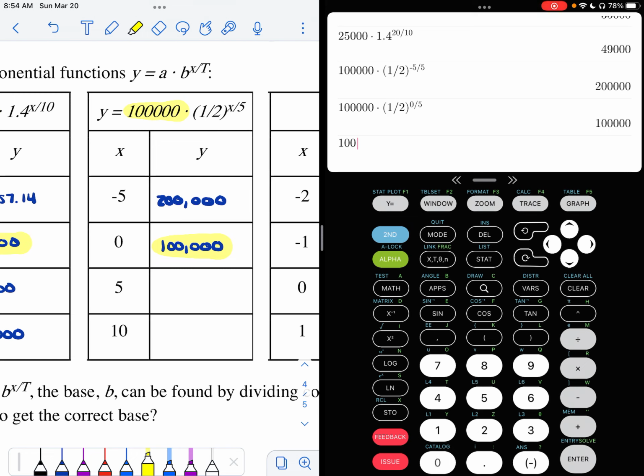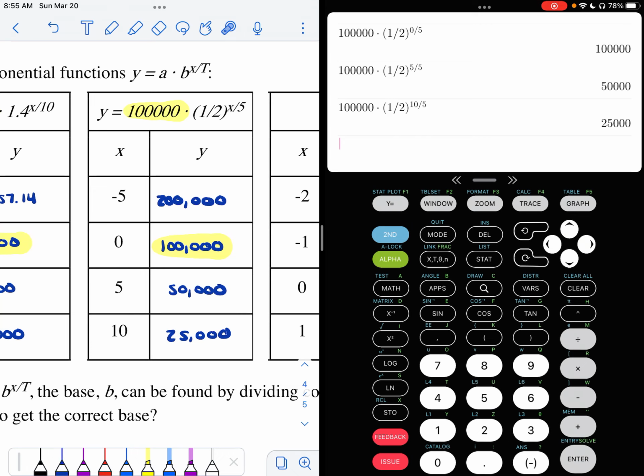Plugging in a positive 5, we get 50,000. And then plugging in a positive 10, we get 25,000.